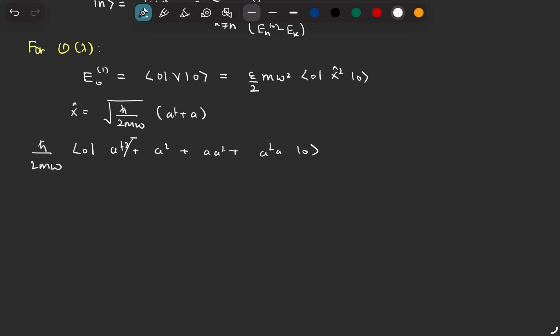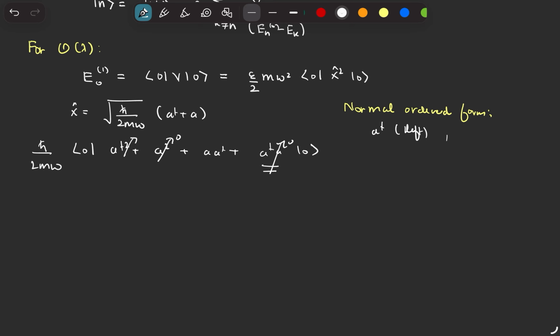This term out here will be outright 0, and this will be 0. This is in normal ordered form, so this will also be 0. For those who don't know, what is a normal ordered form? It is one in which all A daggers are on the left and all A's are on the right.